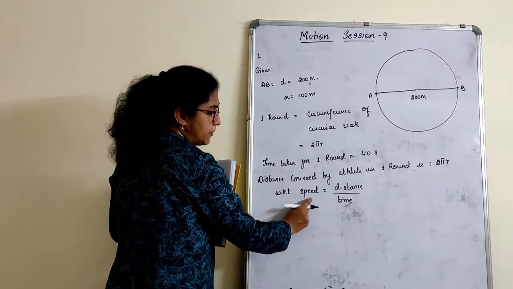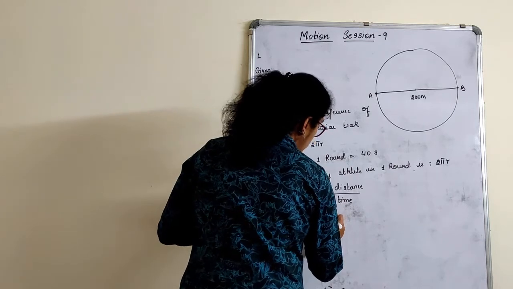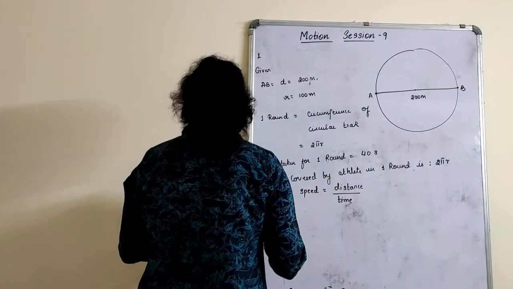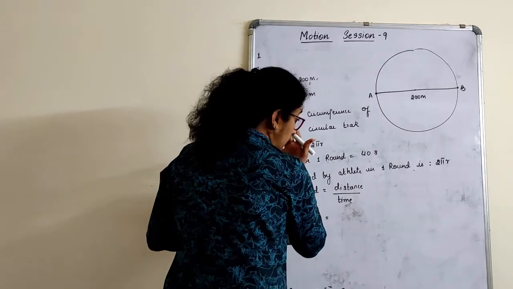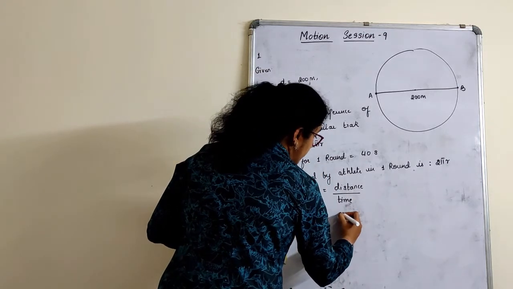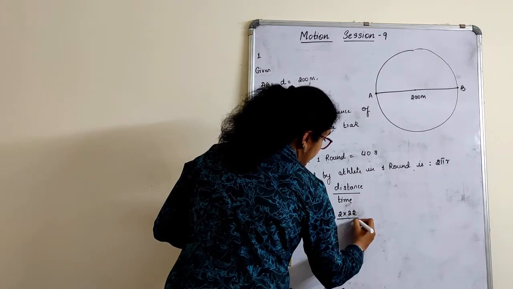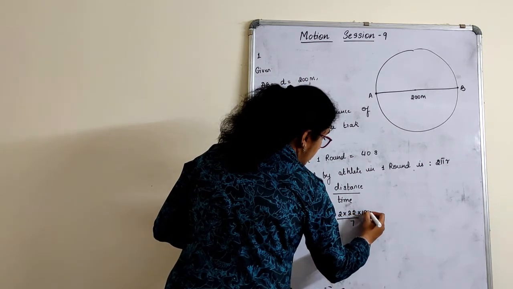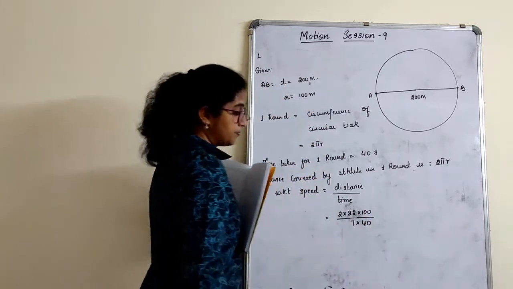Let us write the formula. Speed is equal to distance by time. So to what extent we know here, let us calculate the speed of the athlete. Distance is 2 pi r, 2 into 22 by 7 into 100, and time is how much? 40 seconds. Right?